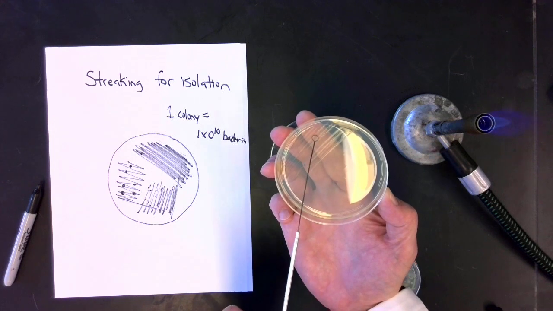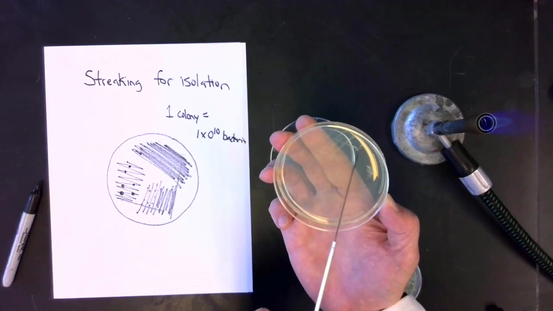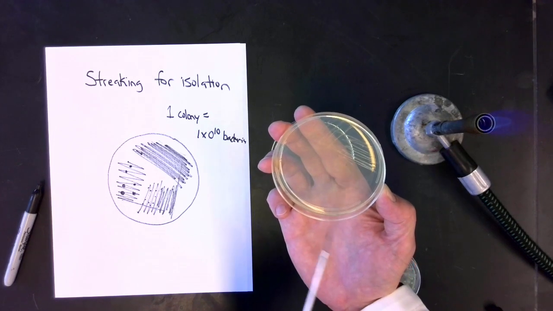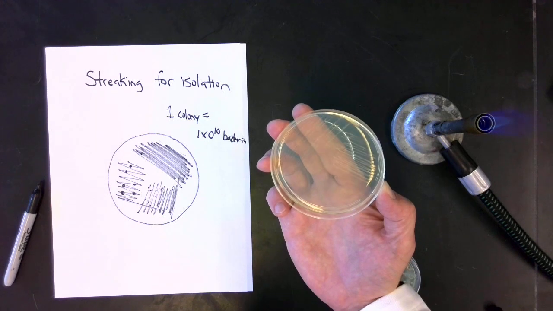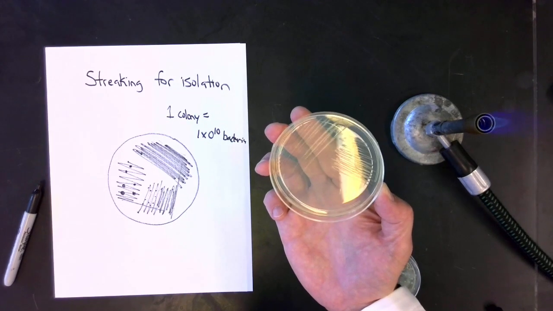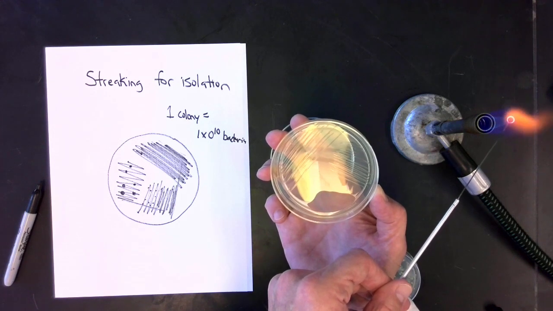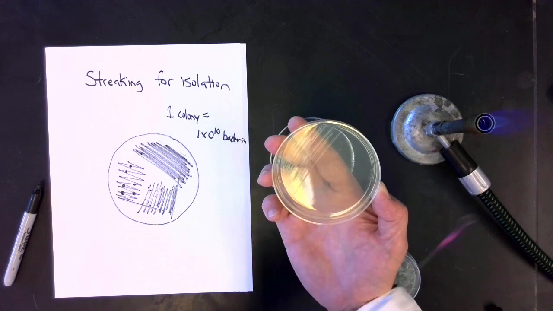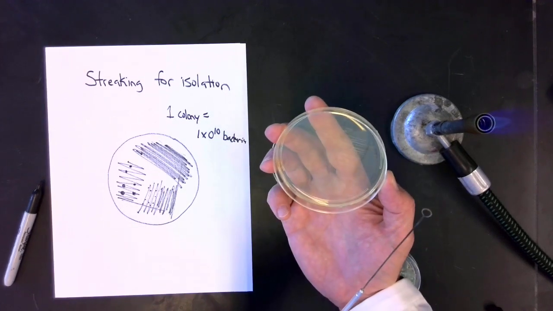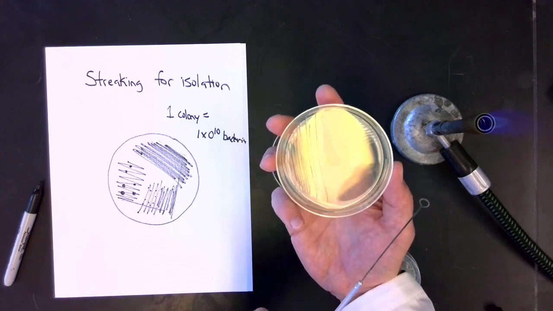So I'm just going to go to that area again, drag a few out, and then streak across the surface of the plate. You can see the reflection of where I touched the plate again. I'll sterilize the loop again. I need to let it cool. I'll rotate that plate.